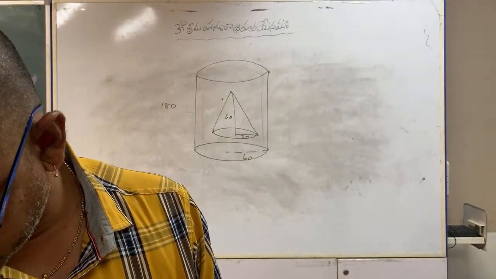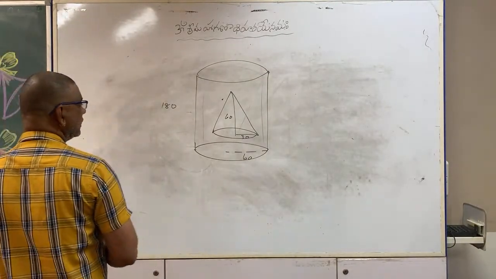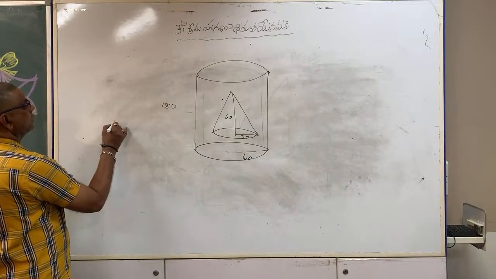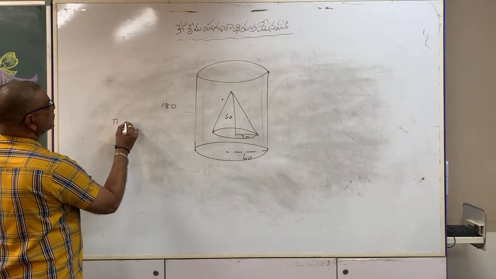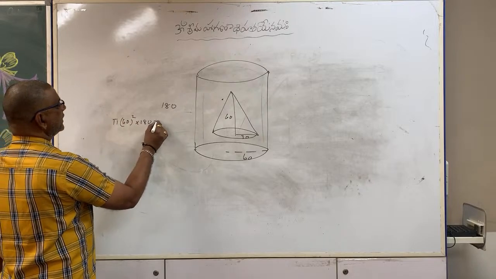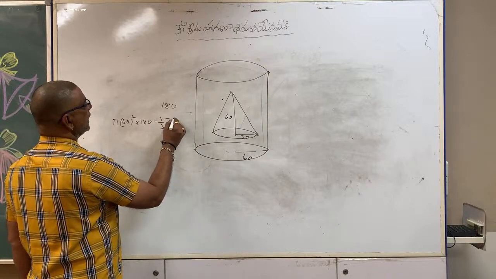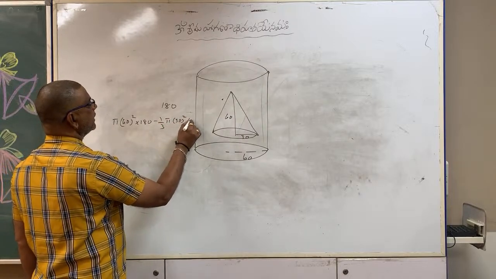No, centimeters only, na? The volume is of the cylinder, pi r square into h, minus 1/3 pi r square into h.